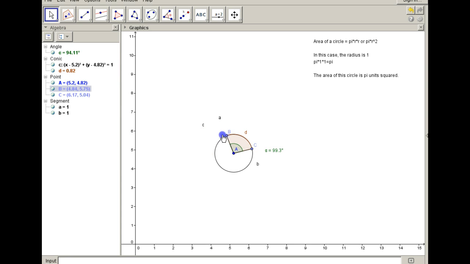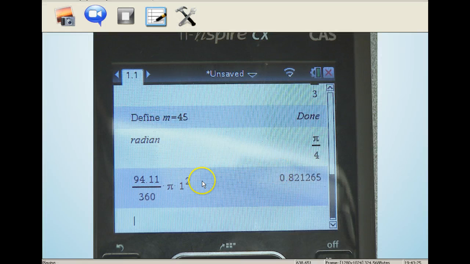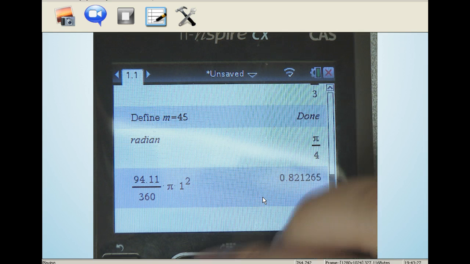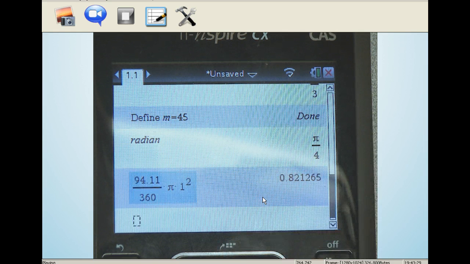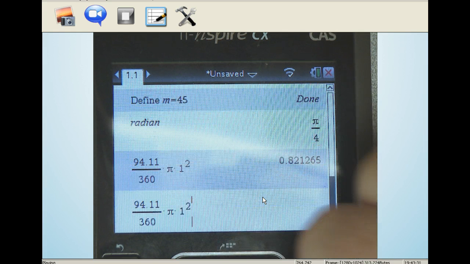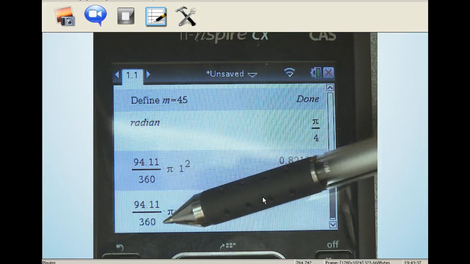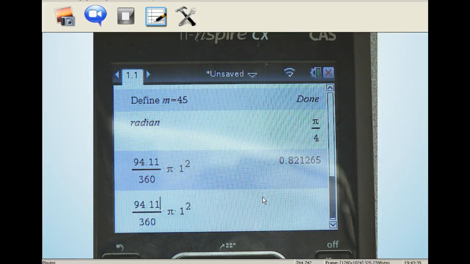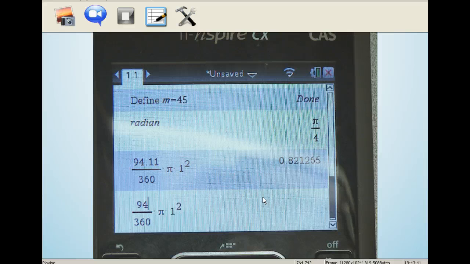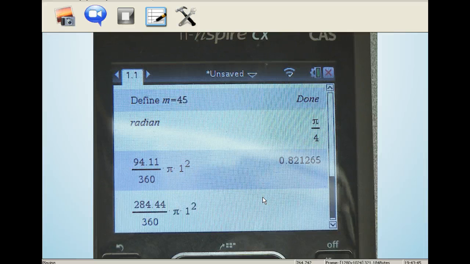But what happens when we change that angle? Let's make it 284.44. Well, what would we change on this formula here? The only thing we would change is the angle measure, right? Instead of measuring 94.11 parts out of 360, we're going to measure 284.44 parts out of 360.